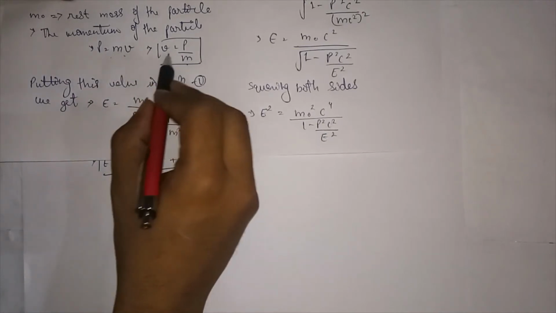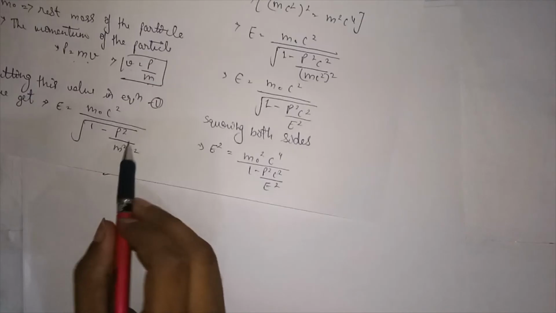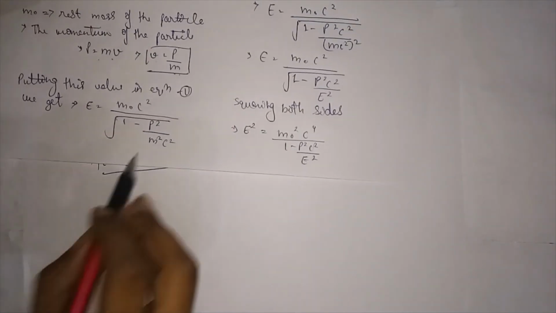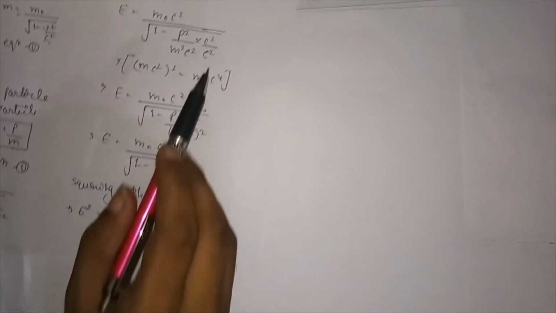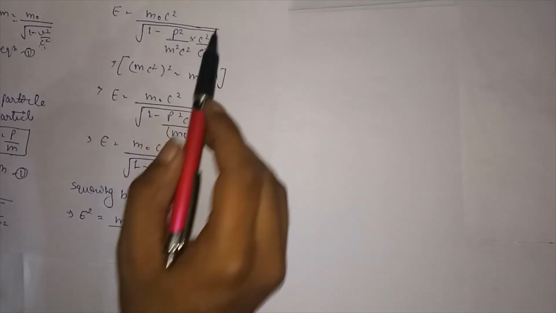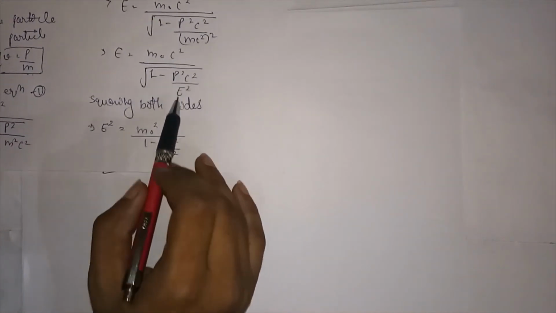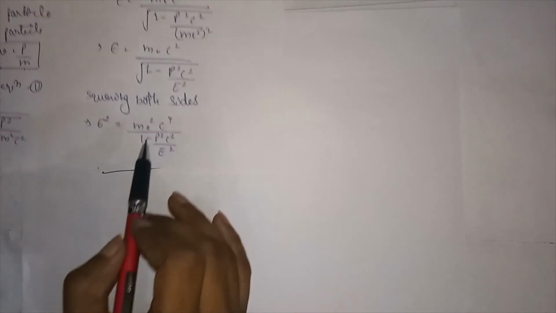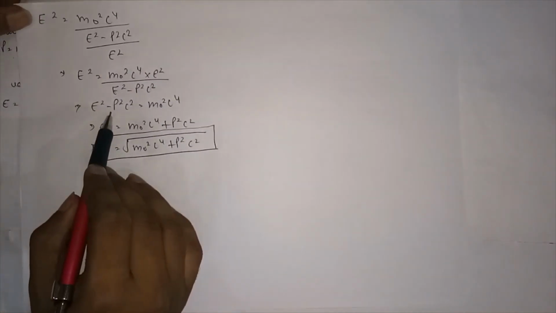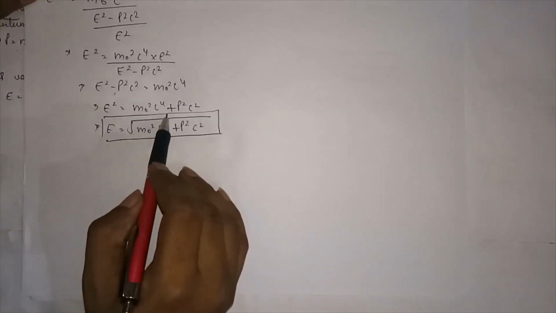Finding the value of v, which is equal to p upon m, and putting this value in equation number 1, we will get E equal to m naught c square upon under root 1 minus p square upon m square c square. Then multiply numerator and denominator with c square, and finding the equation in terms of E square, and then squaring both sides, we will get finally this equation, and taking this into the right hand side, we will get our final equation.